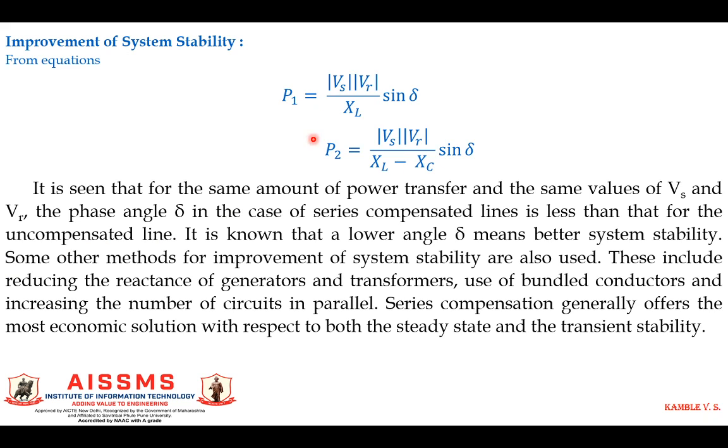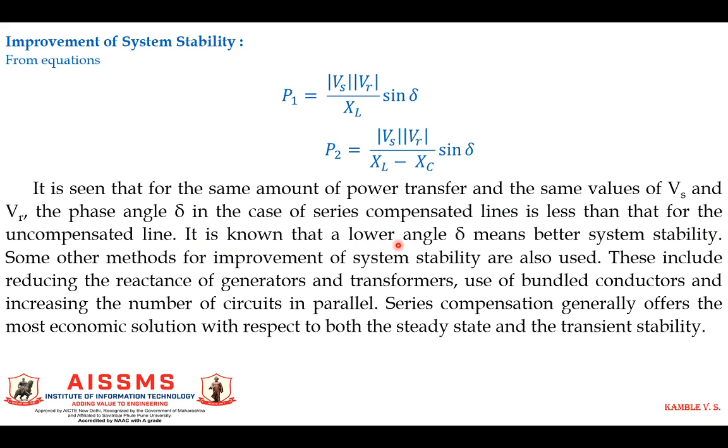To make a constant power transfer, we have to change delta. So in the second case, delta will be somewhat lesser than in the first equation. Then only can we transfer the same amount of power. So the phase angle delta in the case of a series compensated line is less than that of the uncompensated line.